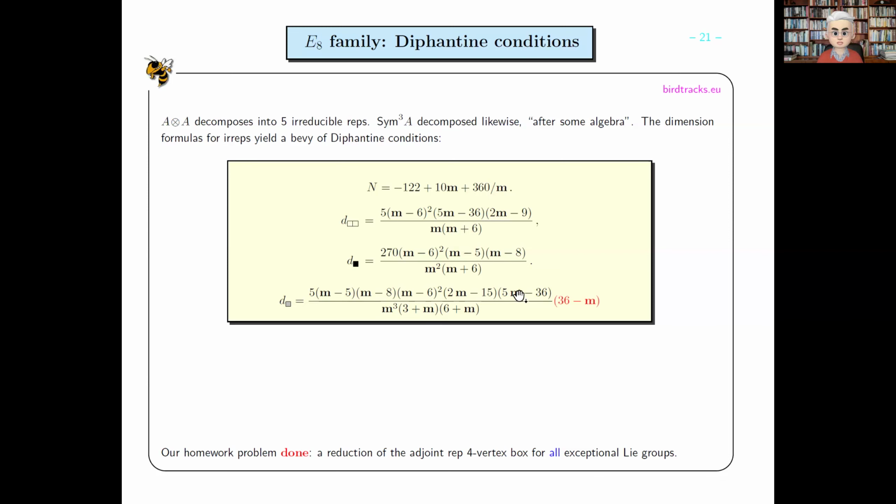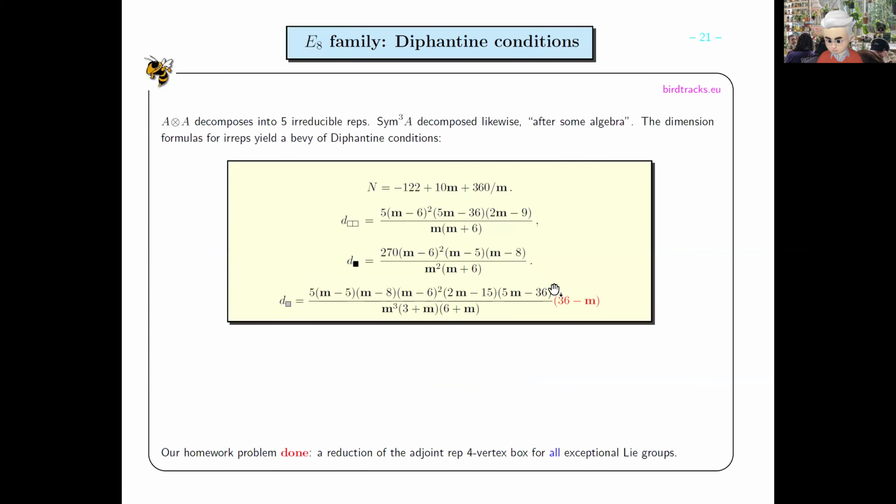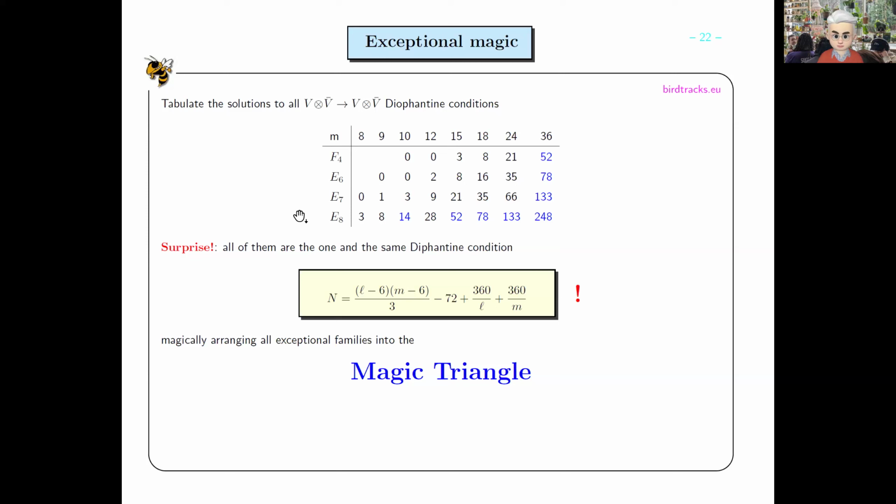That's a rather short list. And here it is. And then you look at this list, and when you look at the highest possible value of m, you discover that all exceptional groups and all their representations can be arranged together. And they are all solutions of the same condition.